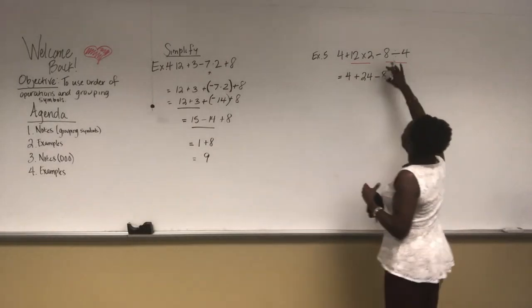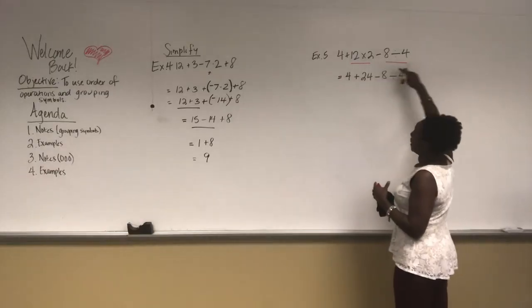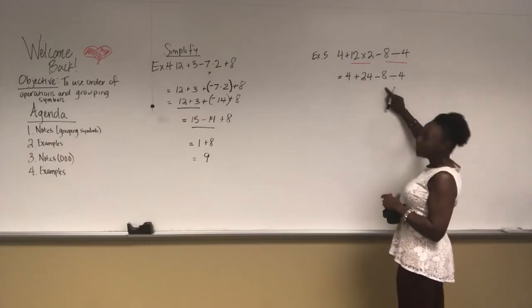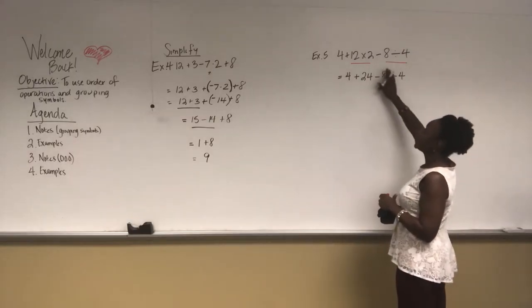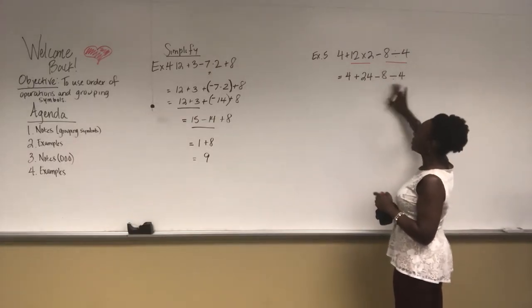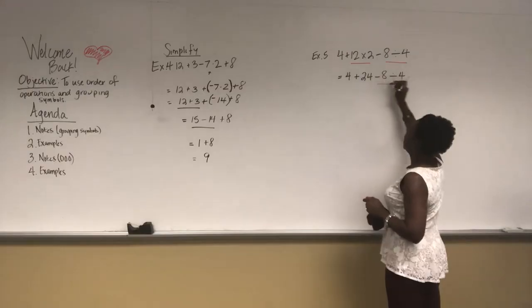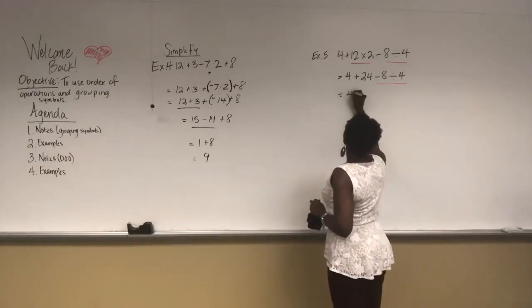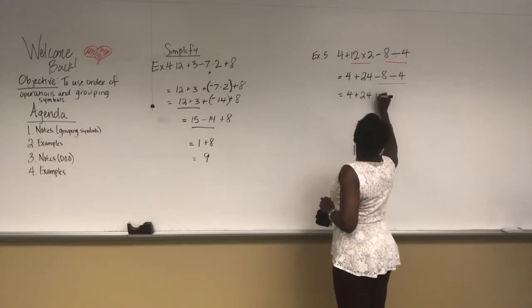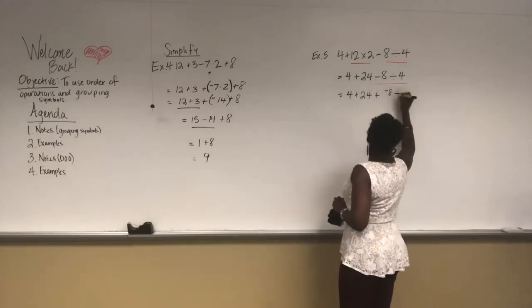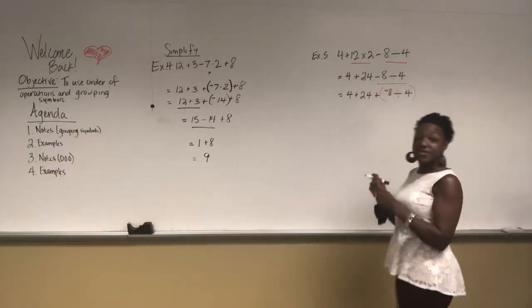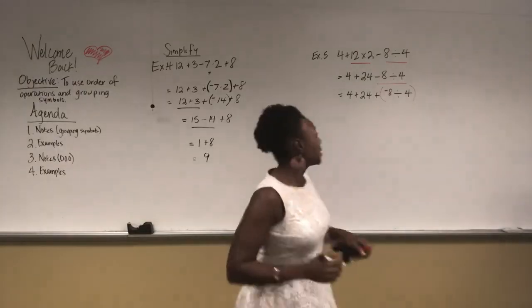So that would be the negative 8, and I'm going to change the sign so that, yes, it is a subtraction, but you want to make sure that the proper sign is associated when you start calculating this operation between this number and this number. So I'm going to rewrite that. So 4 plus 24 plus negative 8 divided by 4, because that's the next thing we need to calculate.